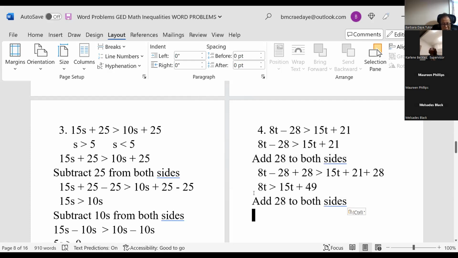So the subtraction would be what? What would you subtract? 15t on both sides. Yes, subtract 15t from both sides. Because then all your t's would be together, right? So let's just take that and put our subtraction.